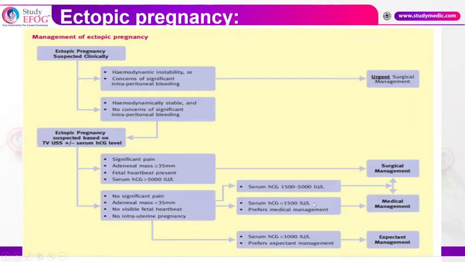If serum beta-HCG is less than 1500, prefer medical management with methotrexate injection, after excluding allergy in the patient. And if the serum beta-HCG is less than 1000, then we proceed for expectant management. 60% of women will respond to expectant management too.